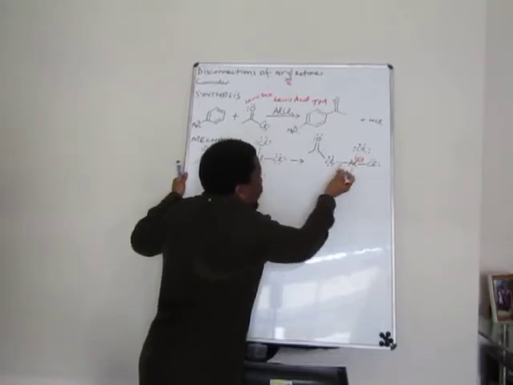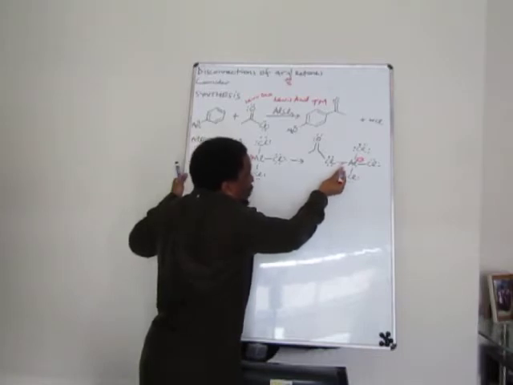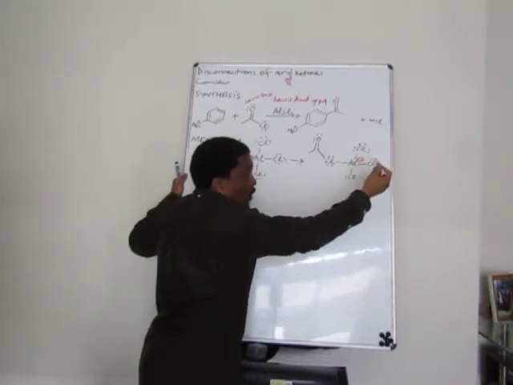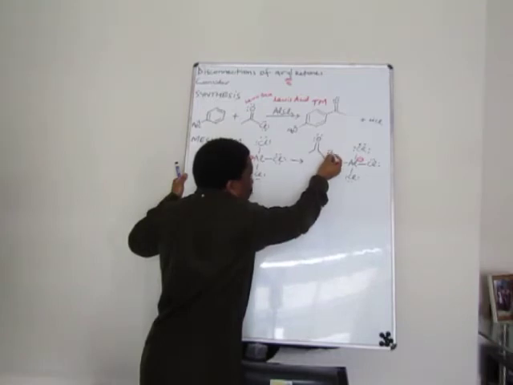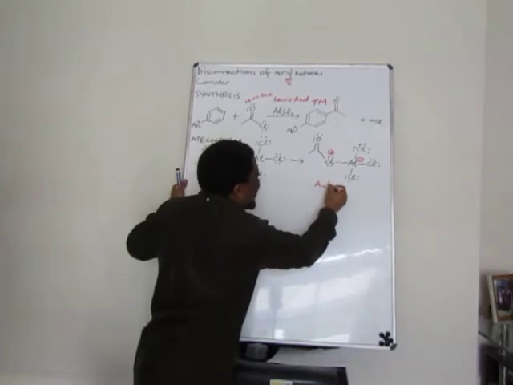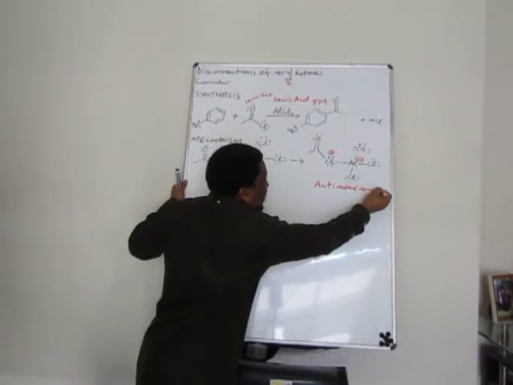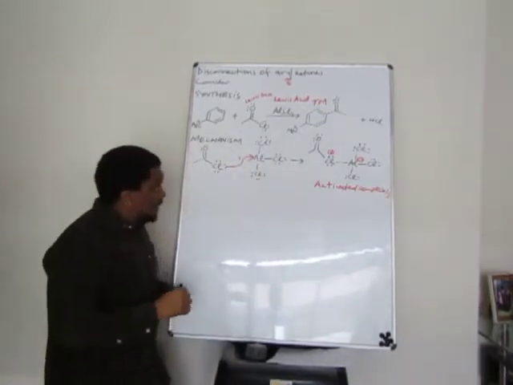So you generate here a coordinate covalent bond. Yes, they are all covalent bonds, but this one is coordinate. Then the chlorine here has lost that pair of electrons, and therefore it becomes positive. So this is what is referred to as an activated complex.